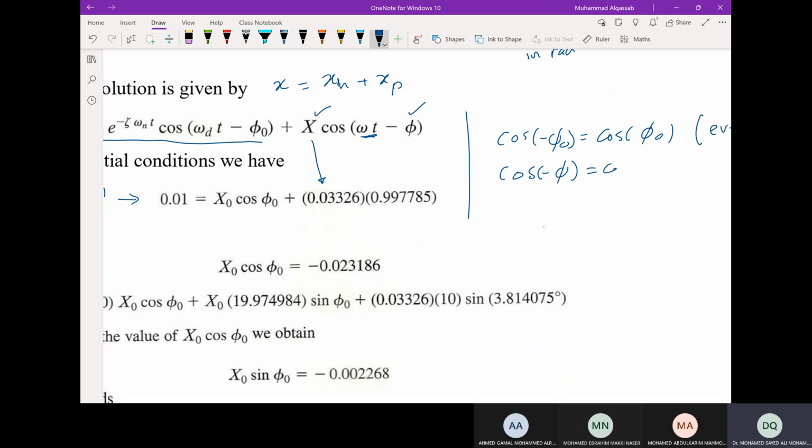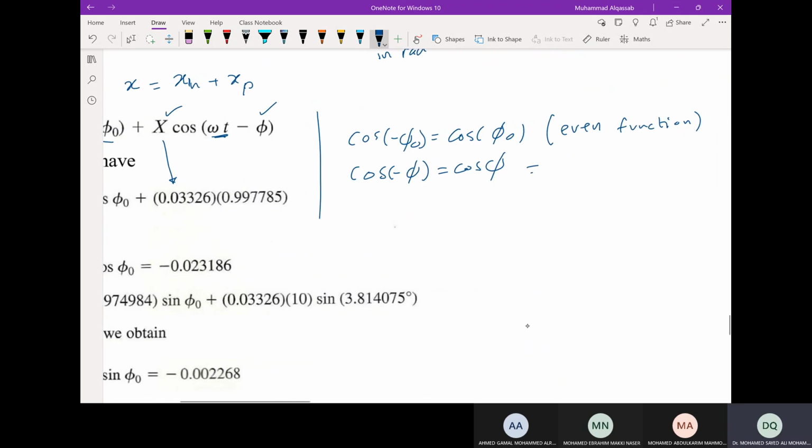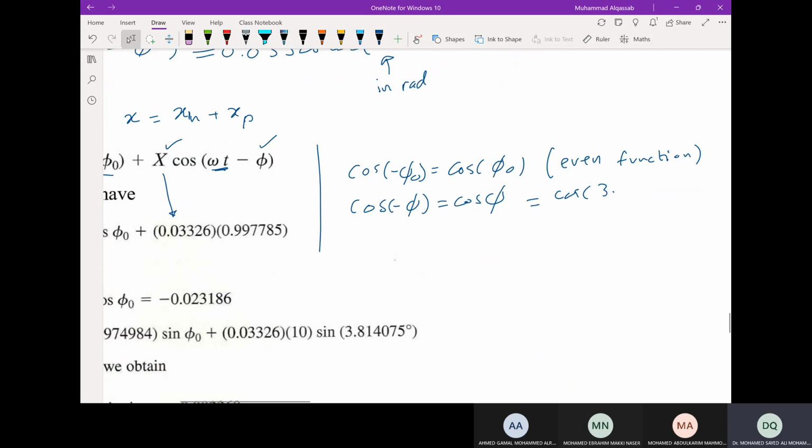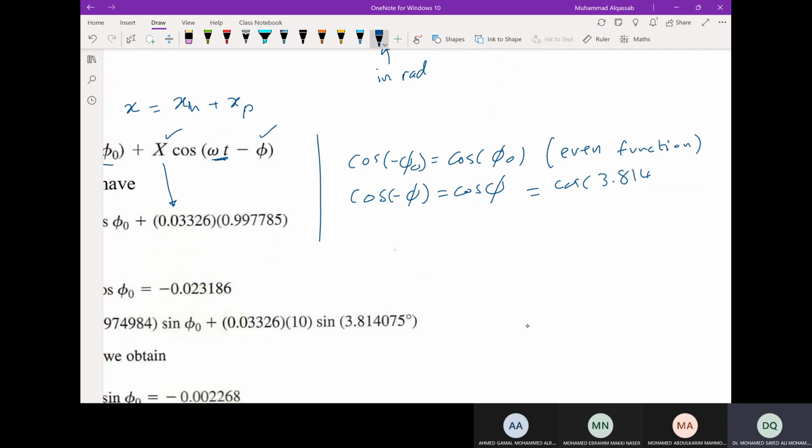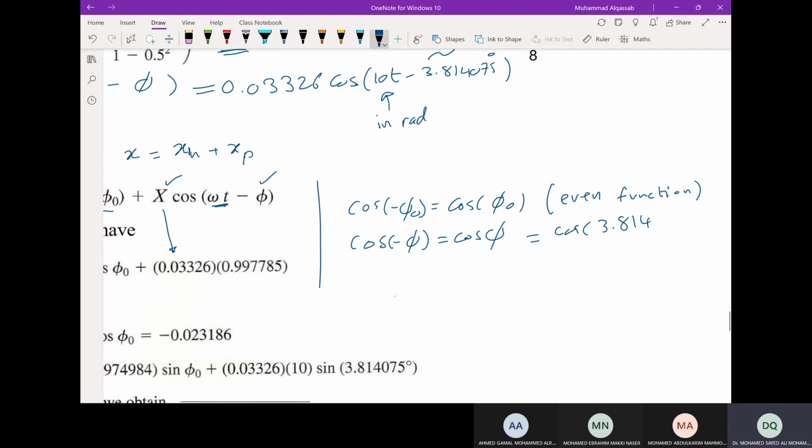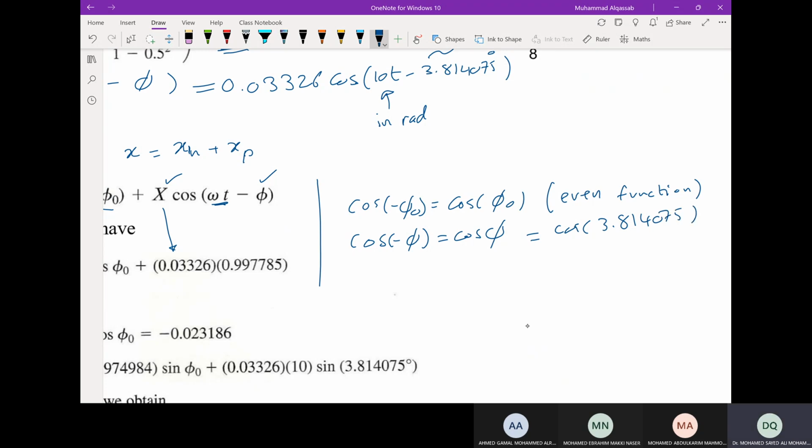Again, it becomes cosine of phi because this is even. And phi here is in degrees. Now you can use the calculator in degrees, no problem, cosine of 3.814075, which is equal to 0.99. It's very close to 1.